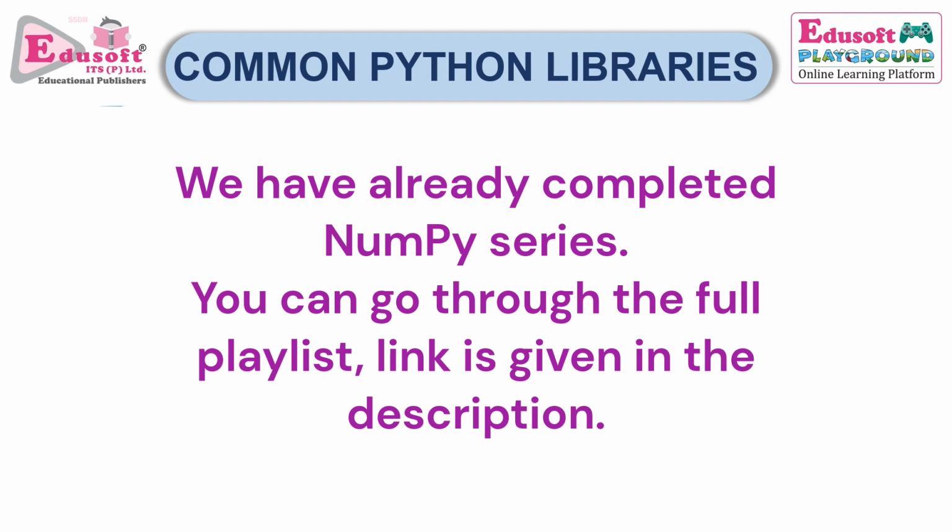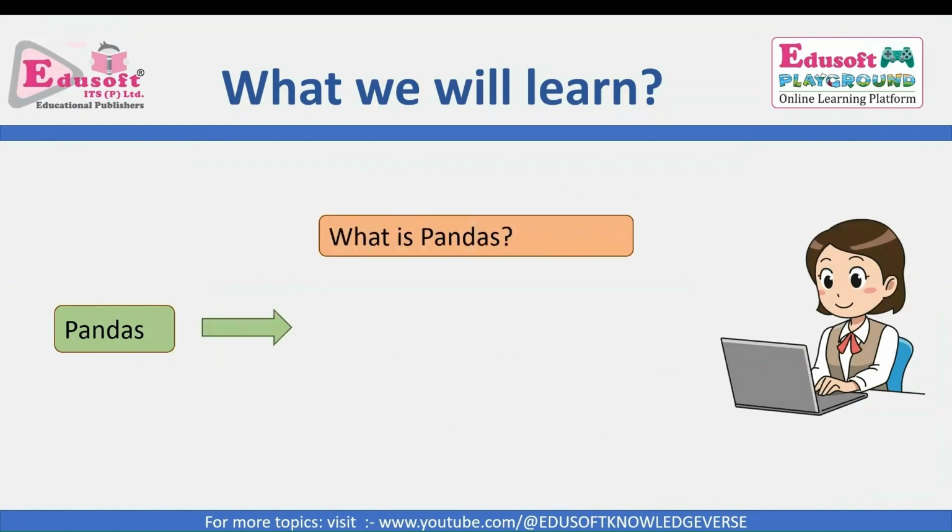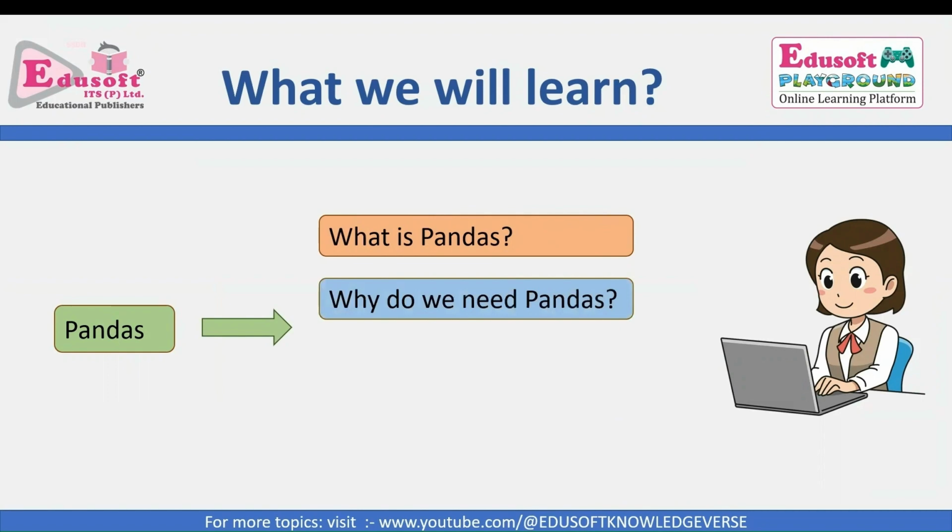Before starting this Pandas series, we have to see what we will learn in it. We are going to see what Pandas is, why we need Pandas, and Pandas vs Excel. In Pandas, we work on different data structures, or say different data sets.